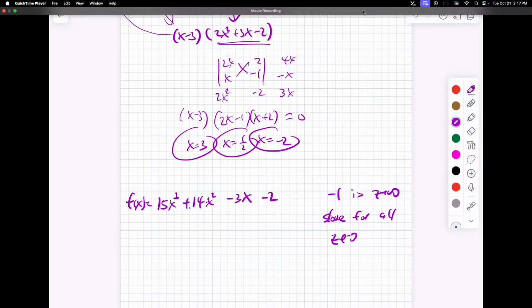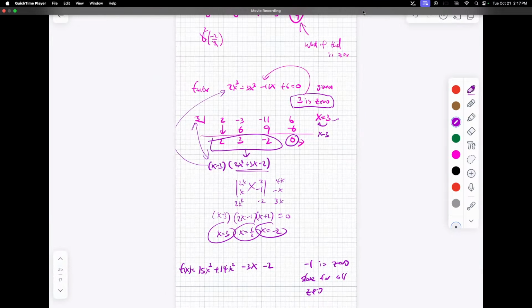If I told you negative 1 is a 0, you can prove it by using the division. But whatever polynomial is left after you divide, that is the rest of the factor. So it's called the factor theorem.